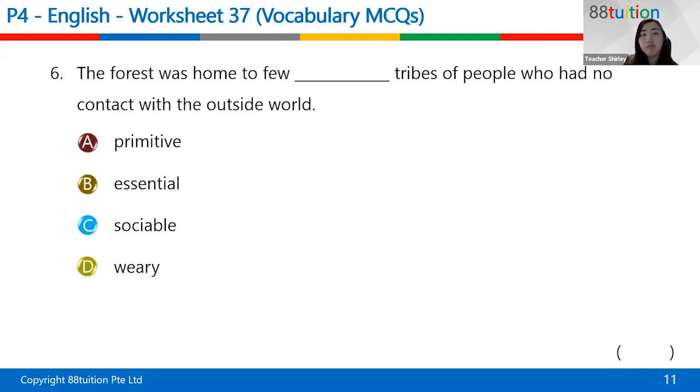Right? The first question, the forest was home. Someone typed, oh, you go to the movies, Felicia. You're going to the movies on Friday with your school? Which movie are you watching? Paw Patrol. Oh, okay. So your entire school is going to the cinema.